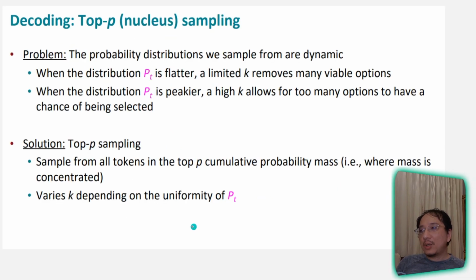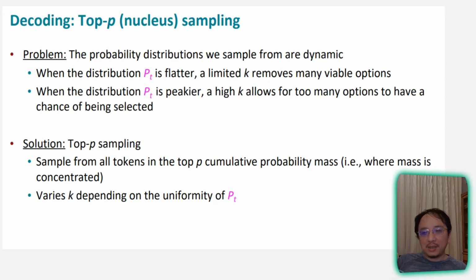So another way to do that is top p sampling. We don't cut the list at a fixed number. We keep the words until we accumulate probability to a certain threshold, like 90% or 95%.